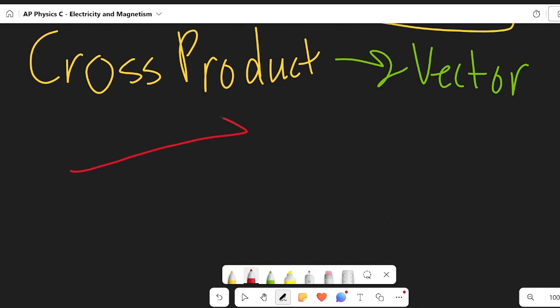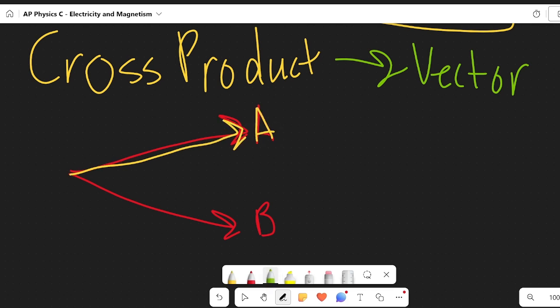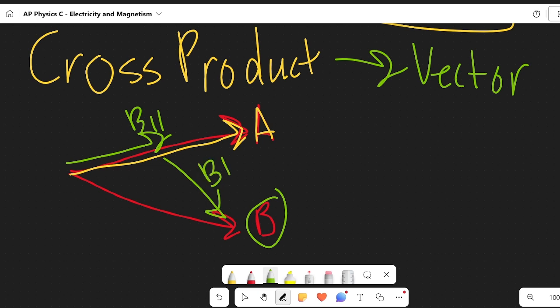So in this case, we'll start by calculating the magnitude, right? We have a vector here, A, and then a vector here, B. Like earlier, we chose A. So then we're going to split B up into its components. So we have B parallel, which was here. Sorry, this is a little sloppy, but yeah. And then we had B perpendicular.